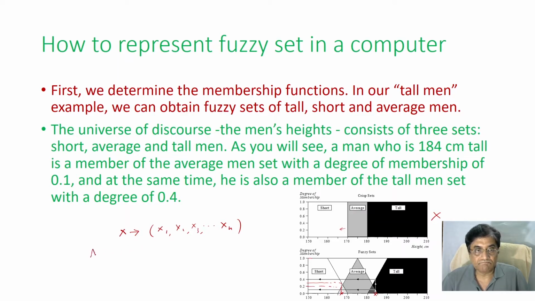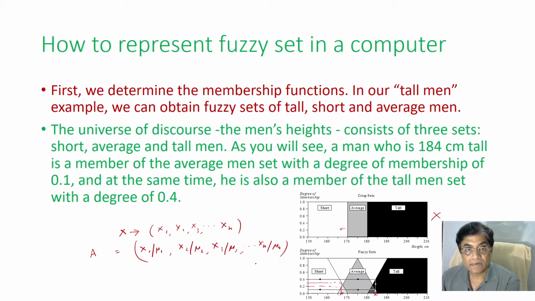So x1 attached with, say, membership value mu1, x2 attached with membership value mu2, x3 attached with value mu3, right? So xn, mu n, like that. So this is my set. It could be any number that you will have to decide.